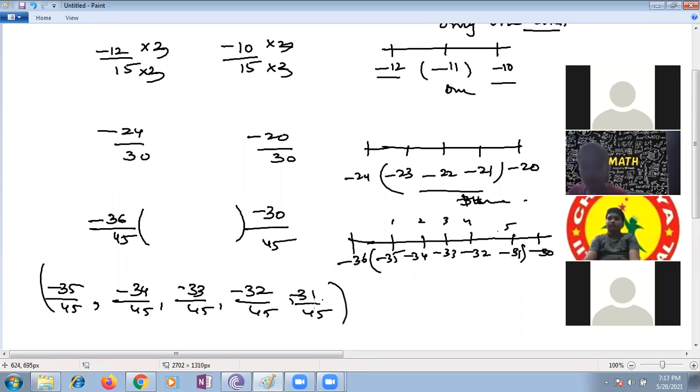These are the rational numbers in between minus 4 by 5 and minus 2 by 3.